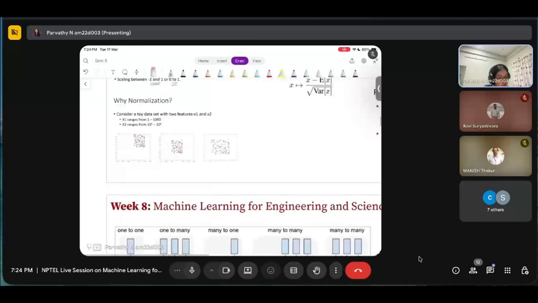Like I said, it's good to normalize, because sometimes we might have data in the range of 1 to 1000 and another in the range of 10,000 to 10 raised to 6. So the scale varies a lot. In those cases, we can do normalization so that all the features are in the same range.